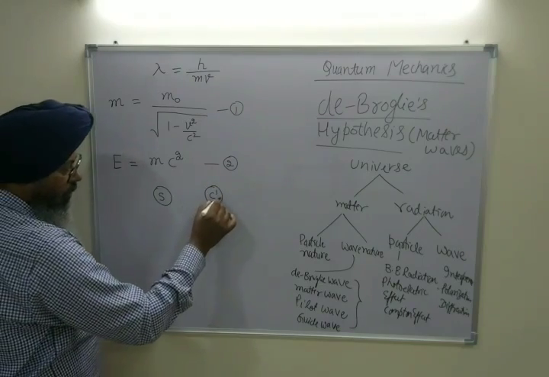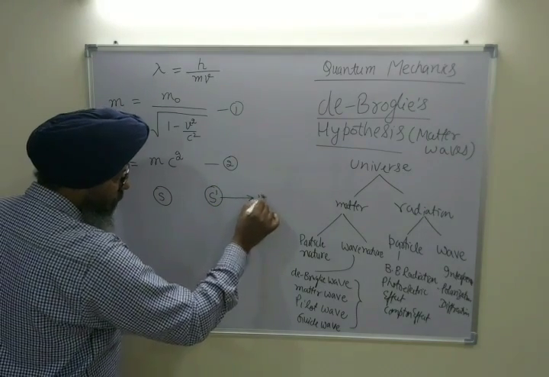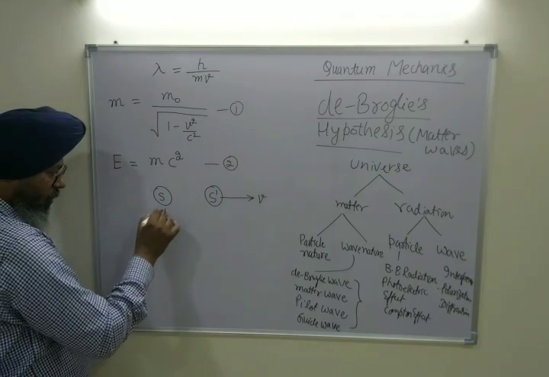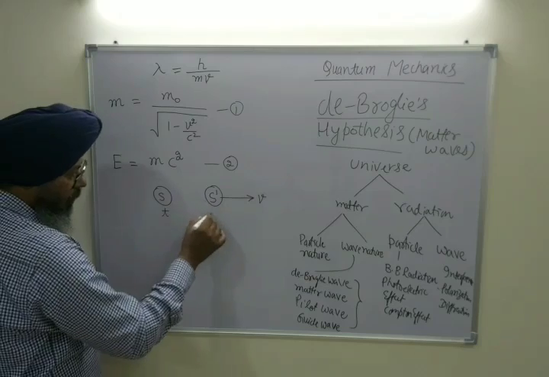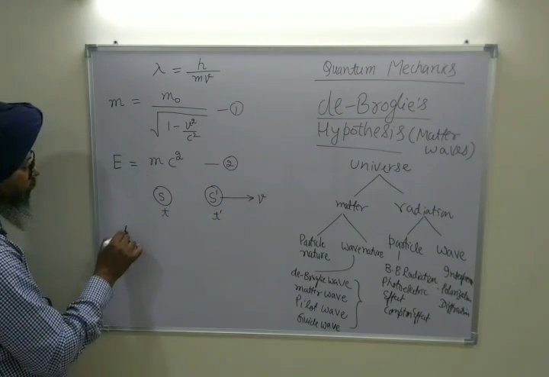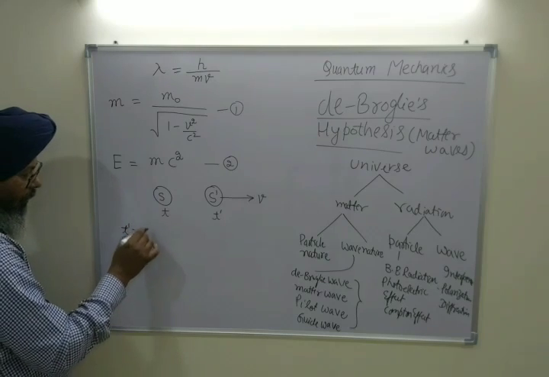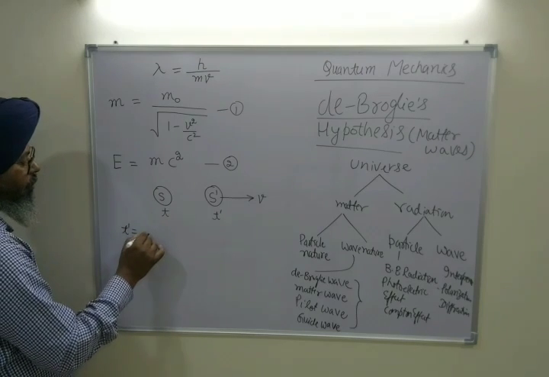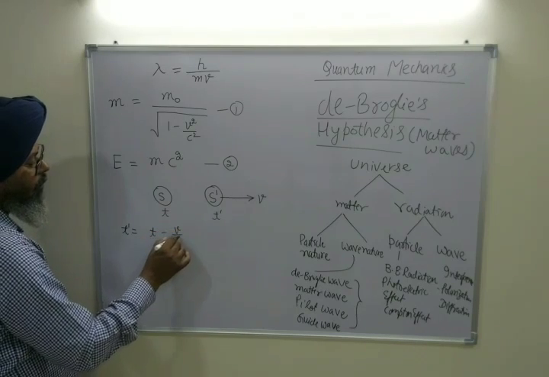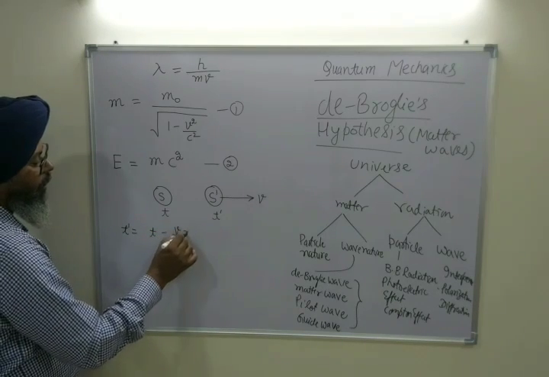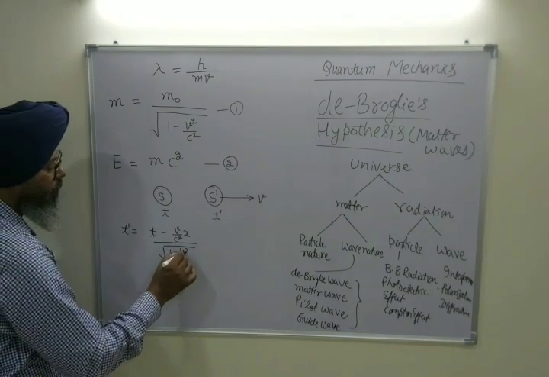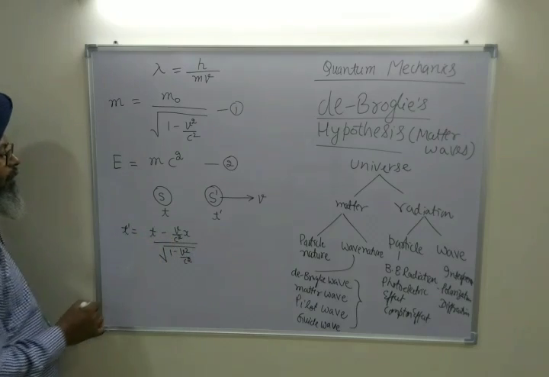Suppose S dash is traveling along the x-axis with velocity v, and the time of this clock is represented by symbol t, and time of this clock is represented by symbol t dash. Then t dash is related to t by the following relation: t dash equals t minus v upon c square x, upon square root of 1 minus v square by c square.